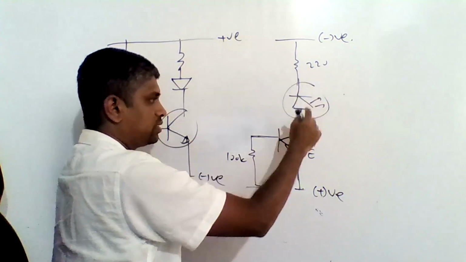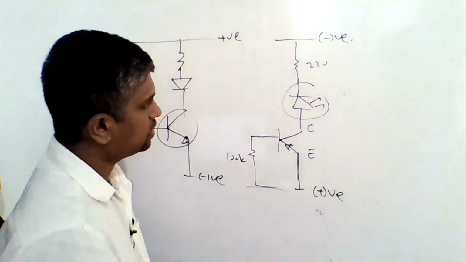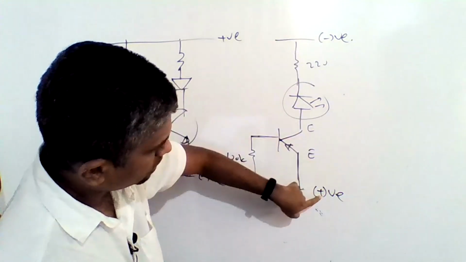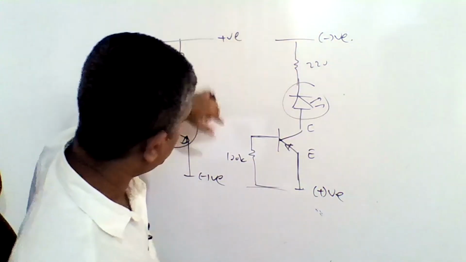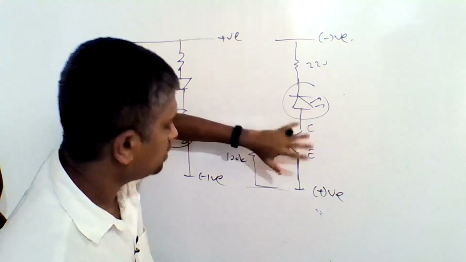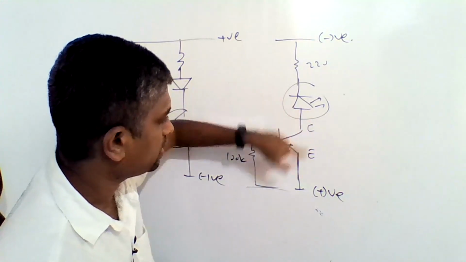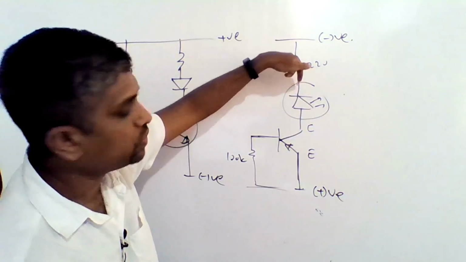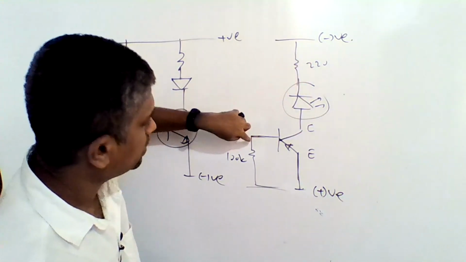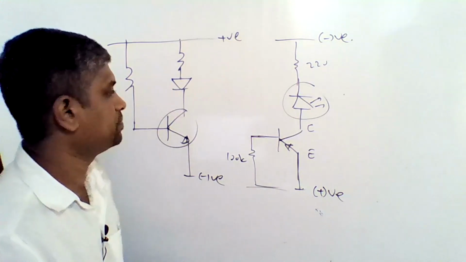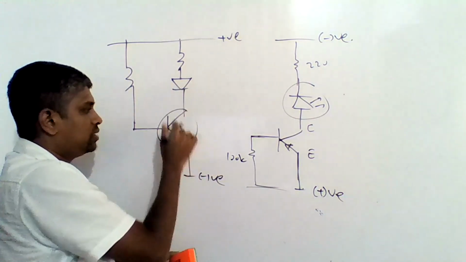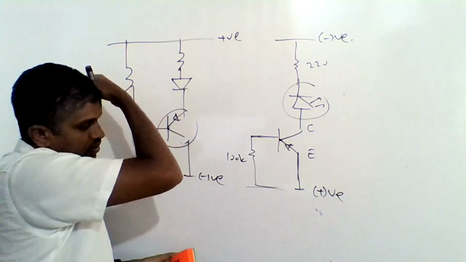You must connect the LED in the opposite direction, right? So if you maintain the positive voltage here and the negative voltage here, you have to change the direction of the transistor, interchange emitter and collector, and you can maintain the diode in the downward direction, right? You get what I mean? That is how you connect it to the circuit.